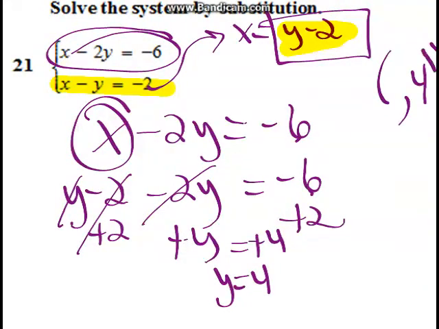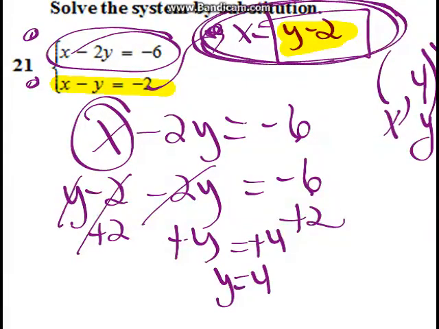We have a 4. Now what we're going to do is plug this back into any of our equations, the ones that we started with or the one that we solved for the one variable. And actually, because we've got a y and we're looking for our x, this one is perfect for us.